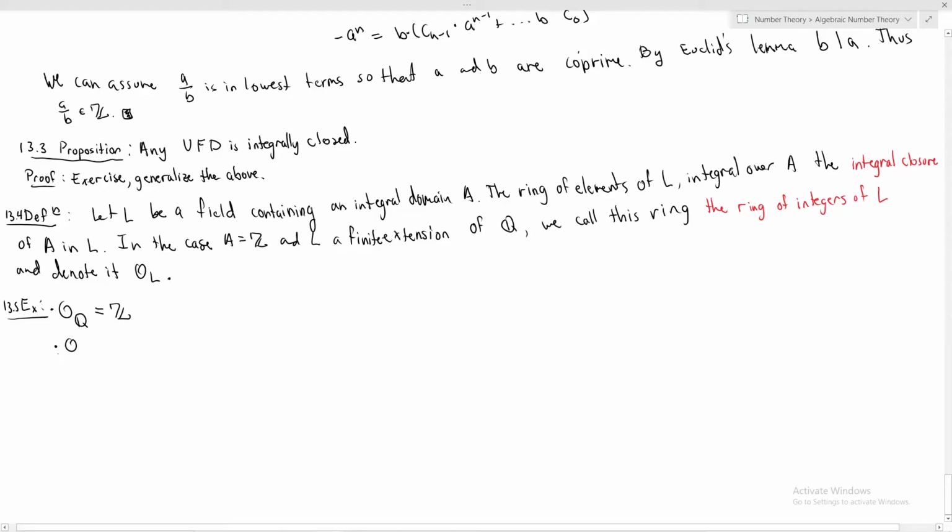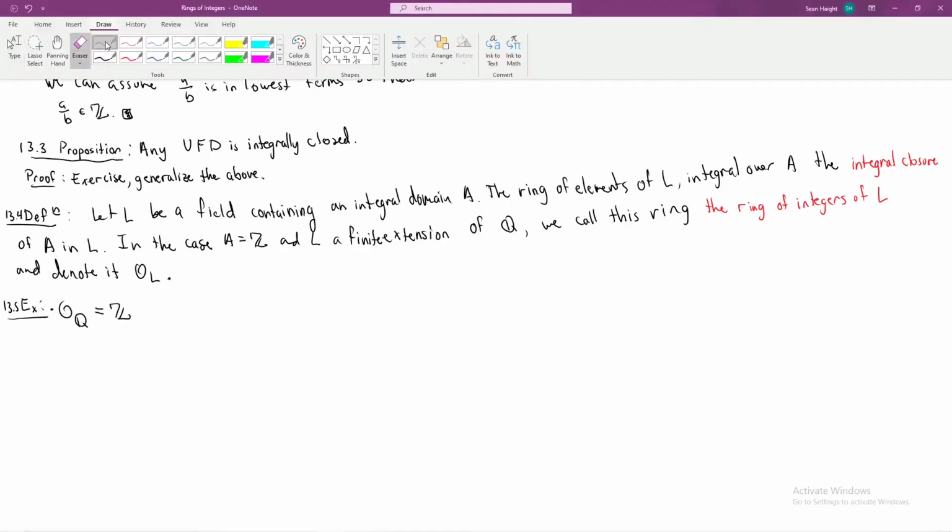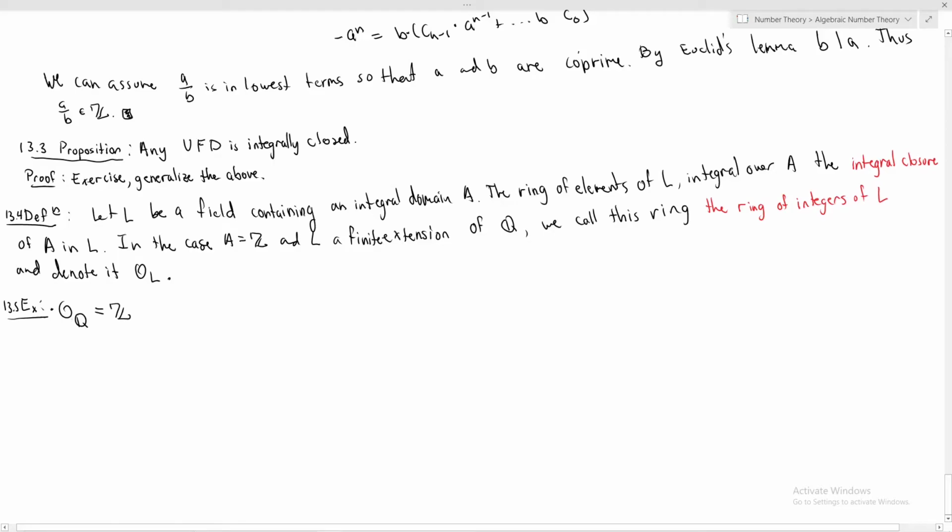Or no, sorry. I think actually maybe I can't prove right off the bat that rings of integers are what they are just yet. Now this is the simplest possible example.